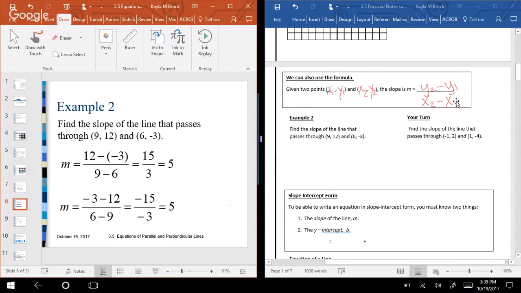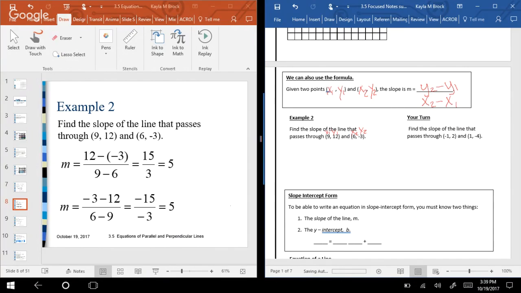Example 2. Find the slope of the line that passes through (9, 12) and (6, -3). So what you want to do is assign which one is going to be your x1, y1. It doesn't matter which one is the x1, y1. But then you want to make sure that you make the other ordered pair the x2, y2.